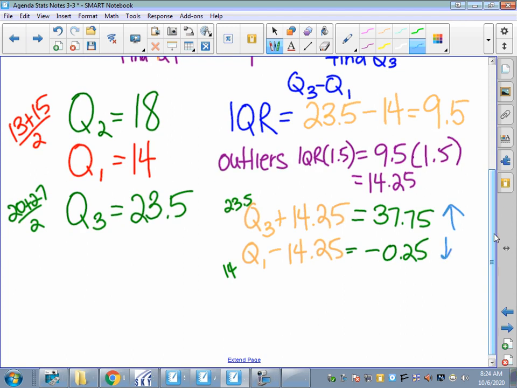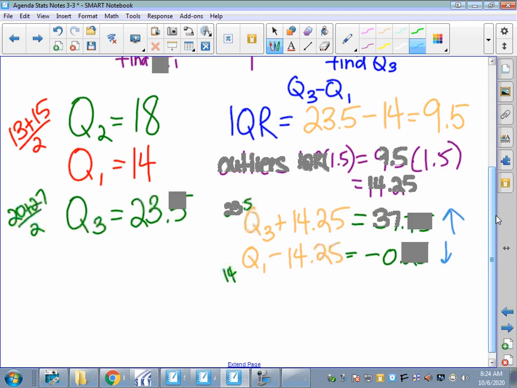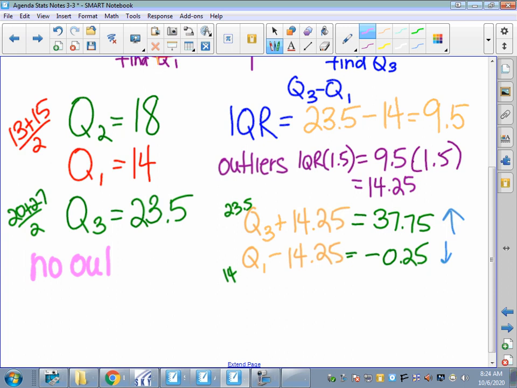Anything lower than a negative quarter, which I don't have any negative numbers at all. So that means that in this particular case, there are no outliers. If that 36 was a little bit larger, if it was a 38, I would then have an outlier. So anything larger than the Q3 plus that value, anything less than the Q1 minus that value.